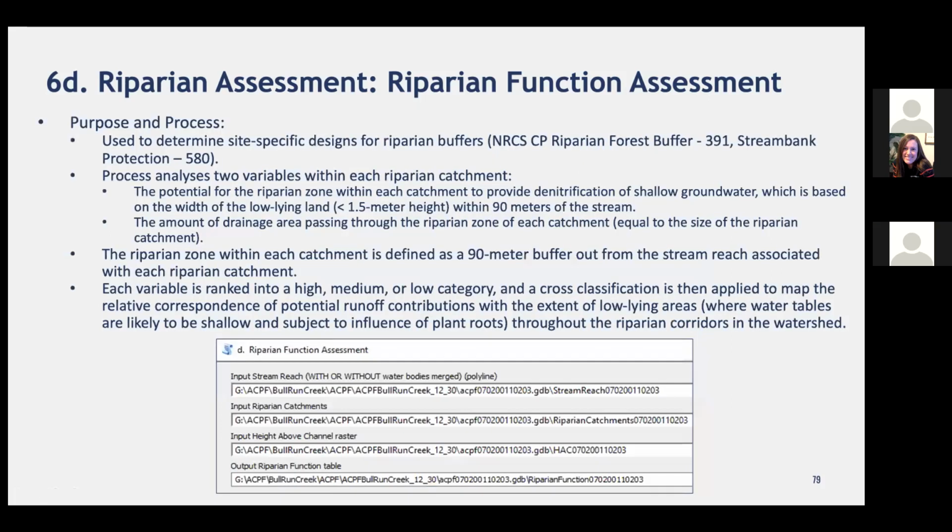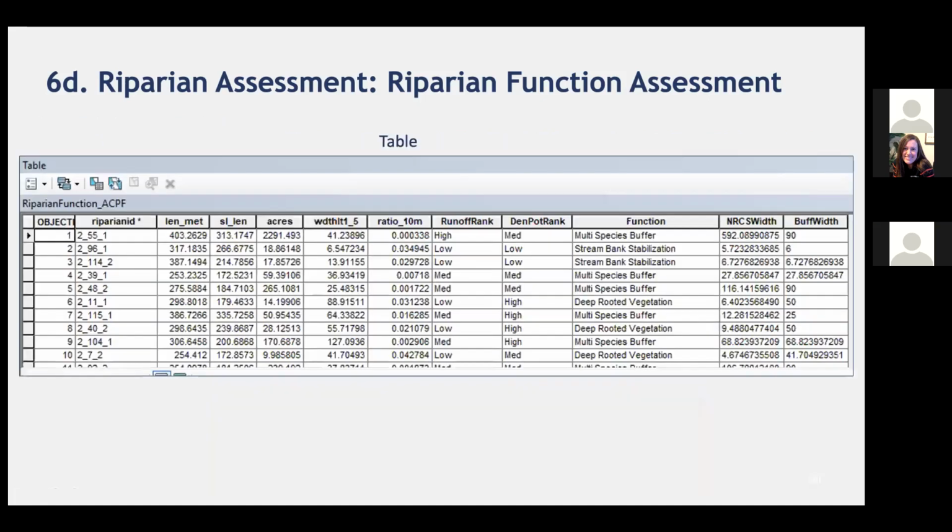So the purpose of this step, again, is to determine some site-specific opportunities for riparian buffer design. We're going to look at drainage water as well as that riparian area. Each variable is linked to a high, medium, or low category, as I talked about before. And then we look at opportunities for those different riparian functions.